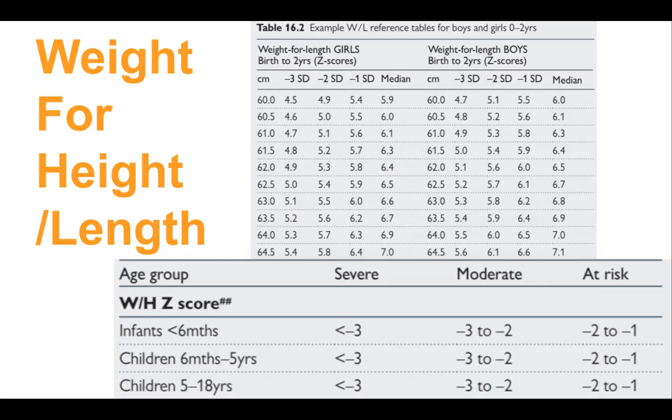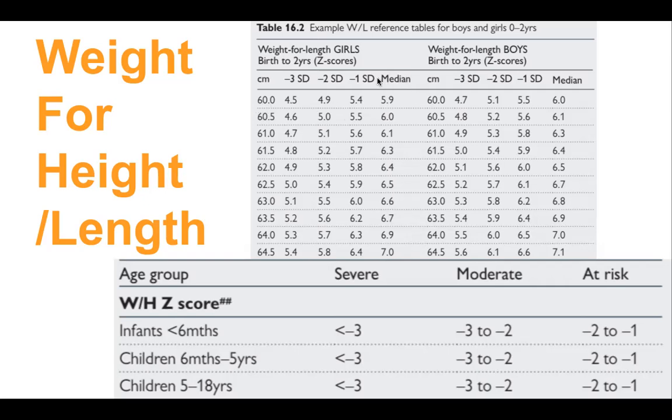The first thing you look at in the table is: is the patient a boy or a girl? And the second question is, how tall is the patient? Let's say the patient is 60 centimeter.